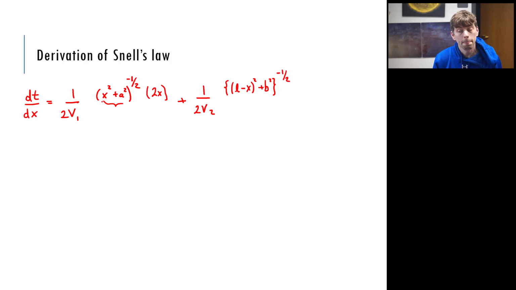Then I need to chain rule it, so I take a derivative of everything inside here, and I end up with 2 times L minus x. And we have to chain rule it again. We have the L minus x, so I take a derivative of that, and I get a minus 1.